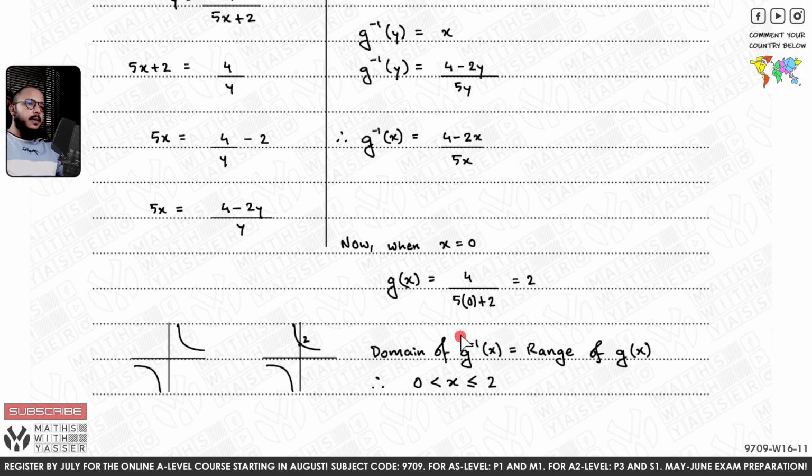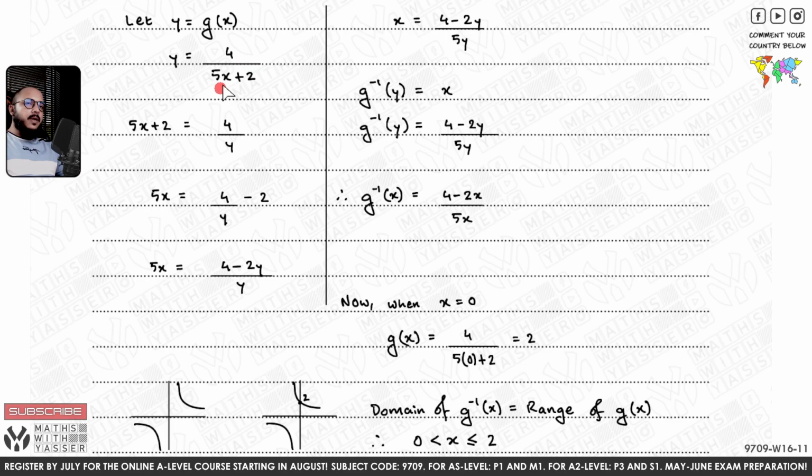Okay. And not only that, at the same time, you have to have the knowledge of how the graph of 1 over x looks like, because 1 over x is similar to 4 over 5x plus 2. The shape of the graph is quite relevant to this information. So the graph of 1 over x looks like this. And also, we will be considering the domain as x greater than 0.